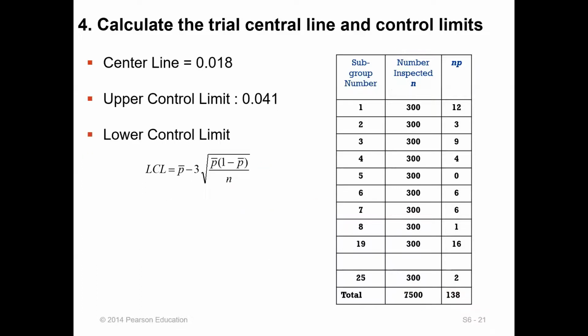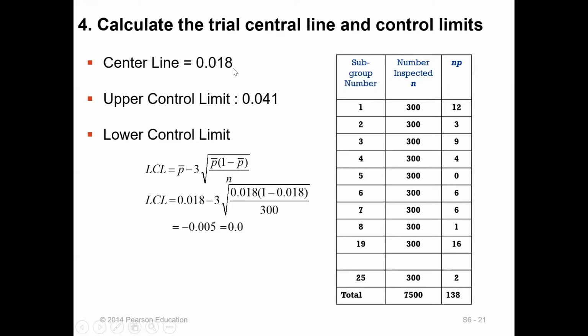And how about the lower control limit? Instead of plus, we change to minus and you will get a negative. However, in an attribute control chart there will be no negative. We can't say that I have -1 reject, no. So you have to round it to 0.